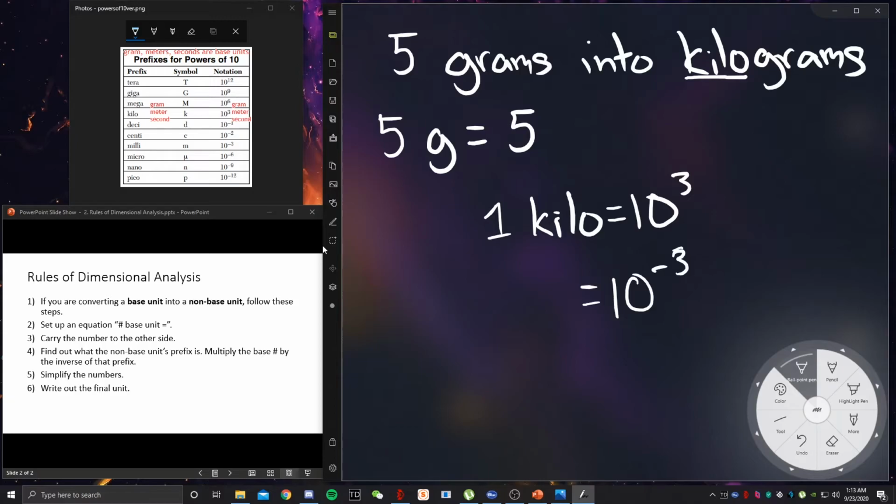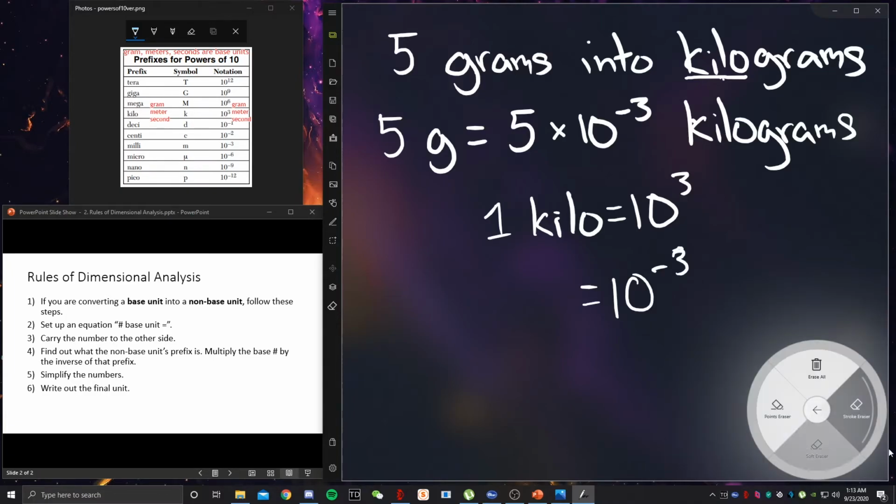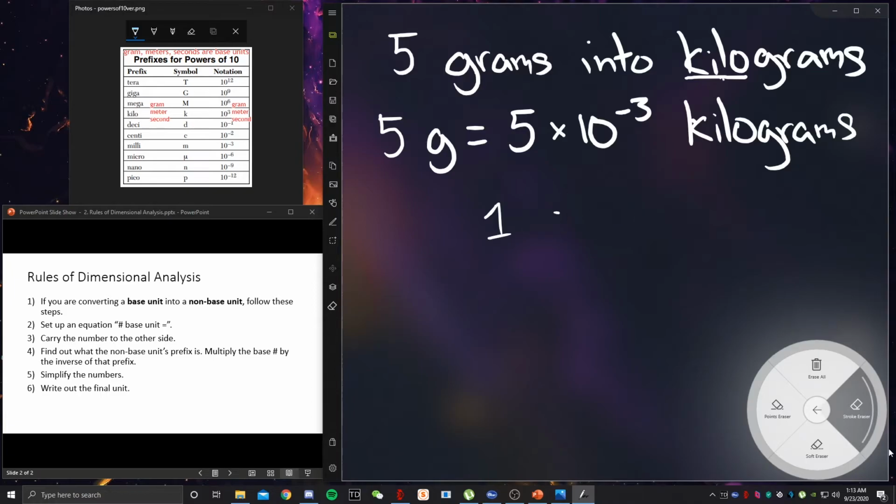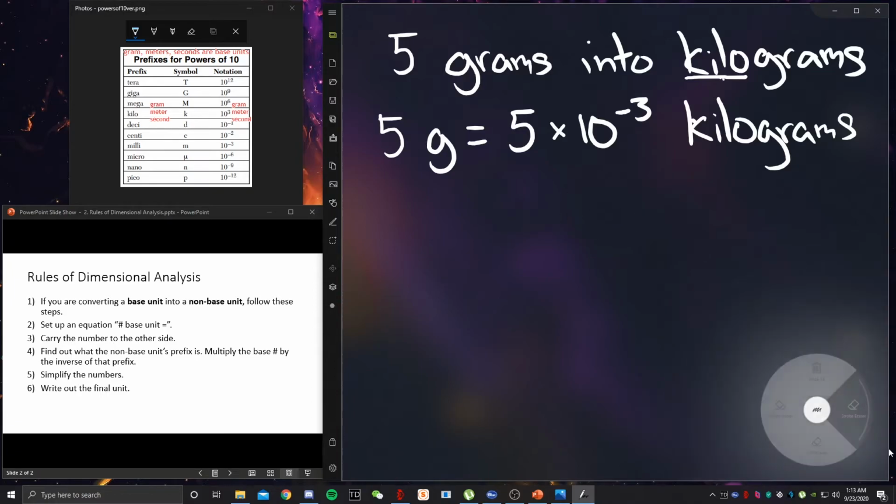That's what I mean by inverse. So when you're converting from a base unit into a non-base unit, you're multiplying it by the inverse of that notation. So I'm going to do 5 times 10 to the -3 kilograms. I'm going to carry our unit. I'm going to simplify this number. It's already simplified. And we want to write out our final unit right here.